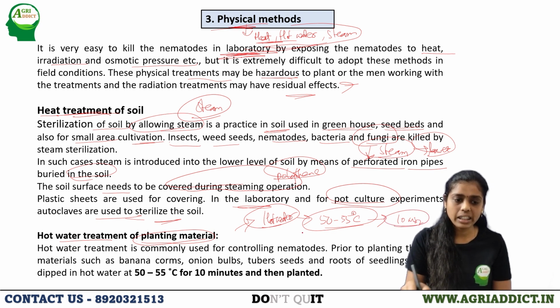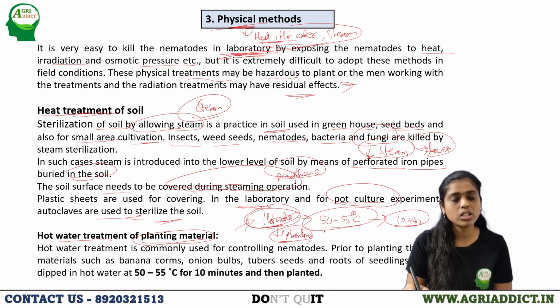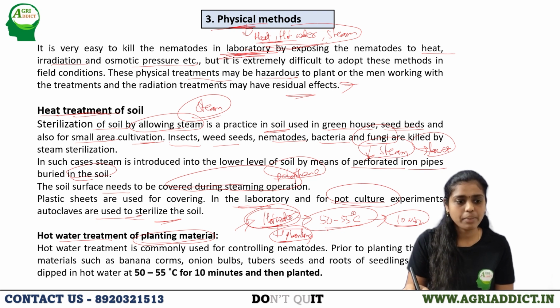This has to be done before planting, and later planting has to be carried out. By dipping into hot water, if nematodes are present inside the planting material, they will be killed, because nematodes cannot survive at 50 or 55 degrees Celsius, which is very high. So these methods are possible in the case of nematodes which are spread through planting materials.